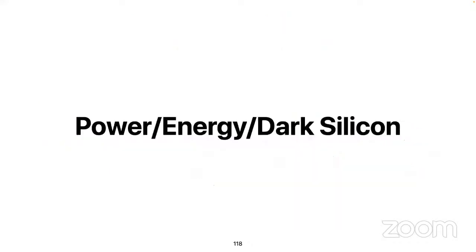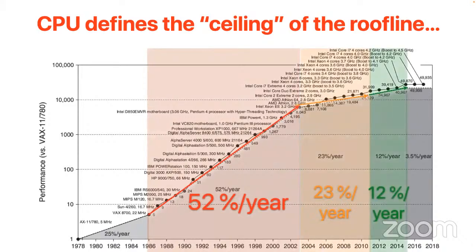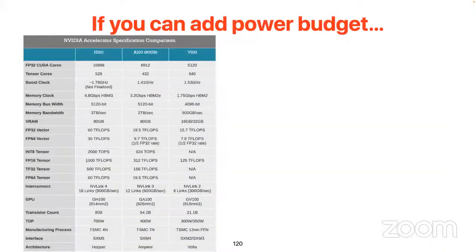And right now we are in the era of dark silicon where we don't see the performance of CPUs increasing. And the reason is not because Moore's law is not allowing us to have more circuits.